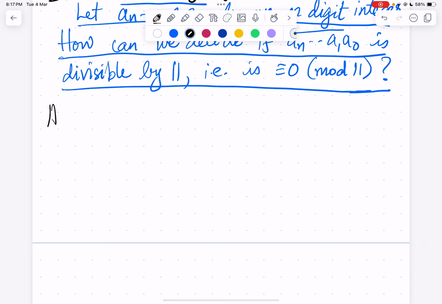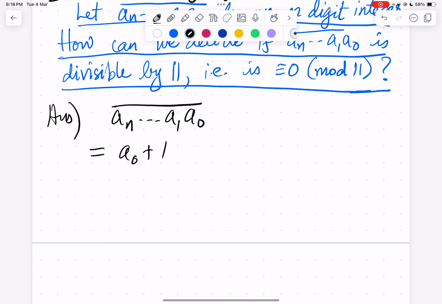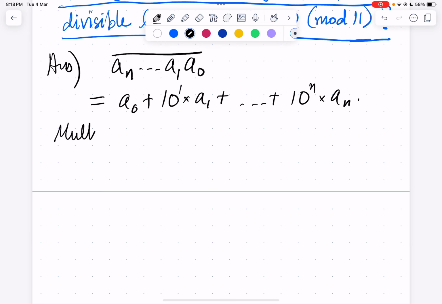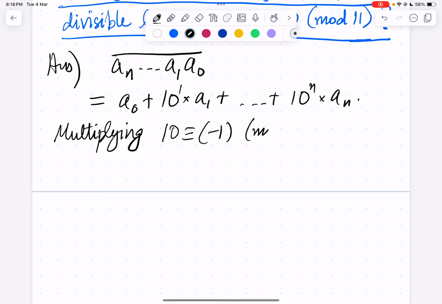So let's see. The n-digit integer is a_0 plus 10 power 1 times a_1 plus so on till 10 power n times a_n. Now, 10 is congruent to minus 1 mod 11.